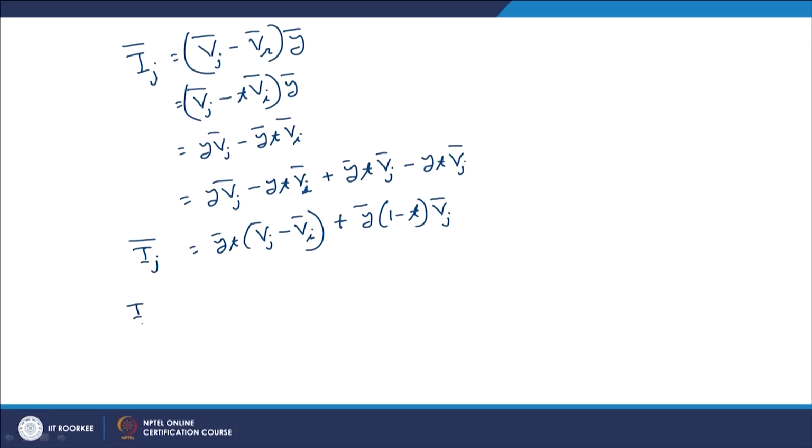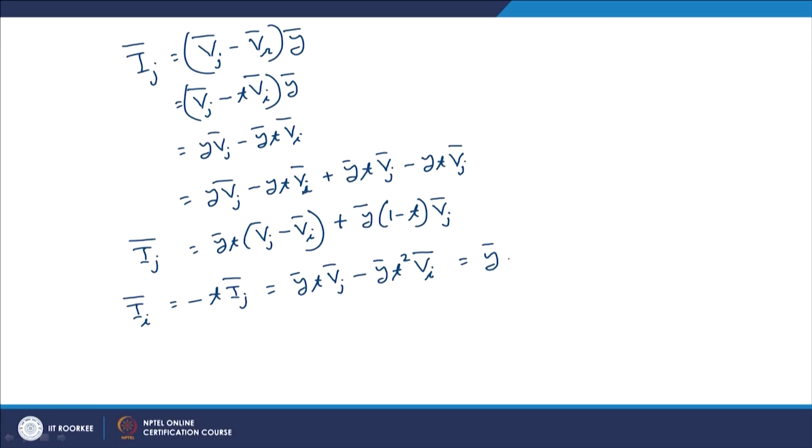and Ii is equal to minus T Ij. So, it is from here Y T Vj minus Y T square Vi. We again subtract and add Y T Vi.